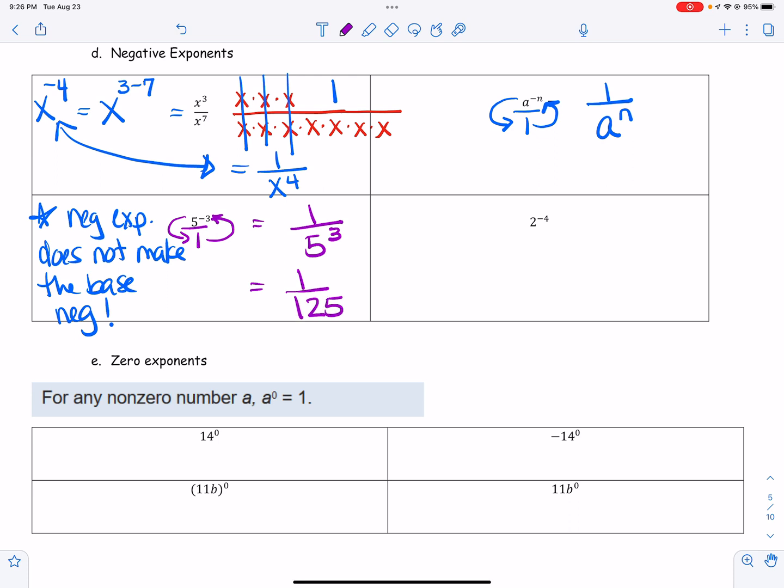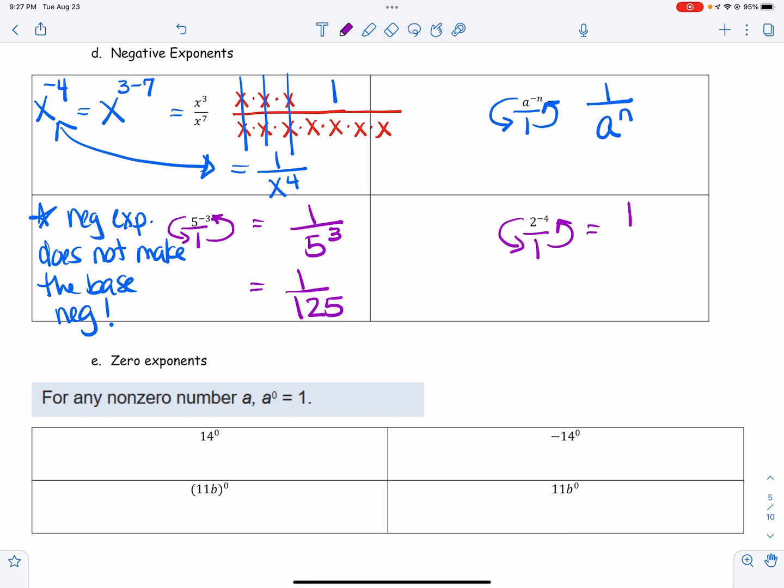If you do this on your calculator and you enter 5 to the negative third power, it's going to give you a decimal. And I am not going to want a decimal, and I will not give you credit if you do a decimal. It has to be in simplified fraction form or simplified form with a positive exponent. So this last one, this will go down, this will come up.